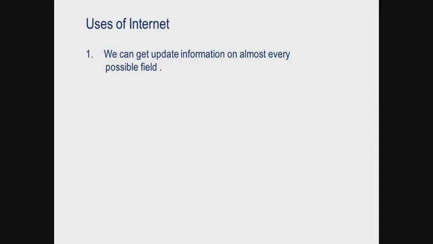Never-ending information is there. We can't imagine. If we want to make some food, we can search that through the internet. If we want to study also, we can search through the internet. And almost all the topics are there. Whatever we want, we can access it.